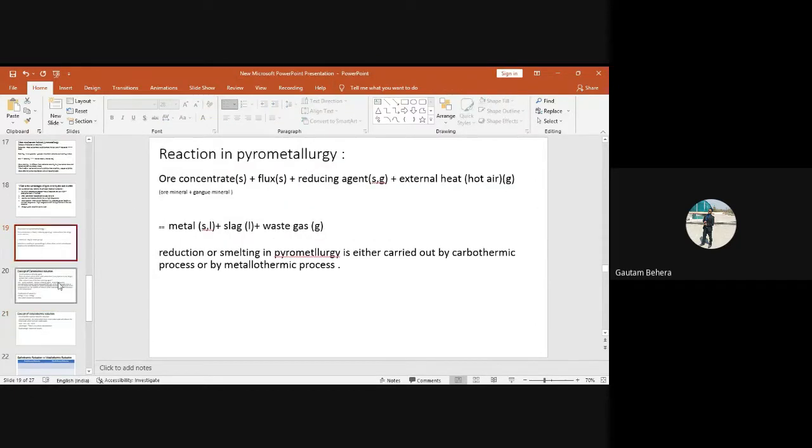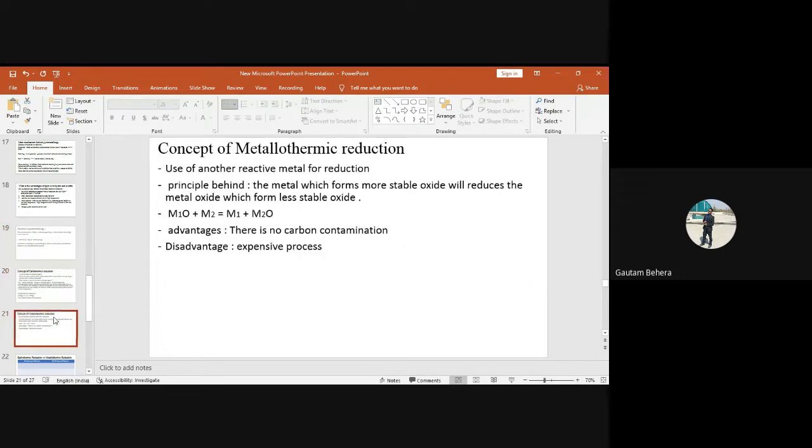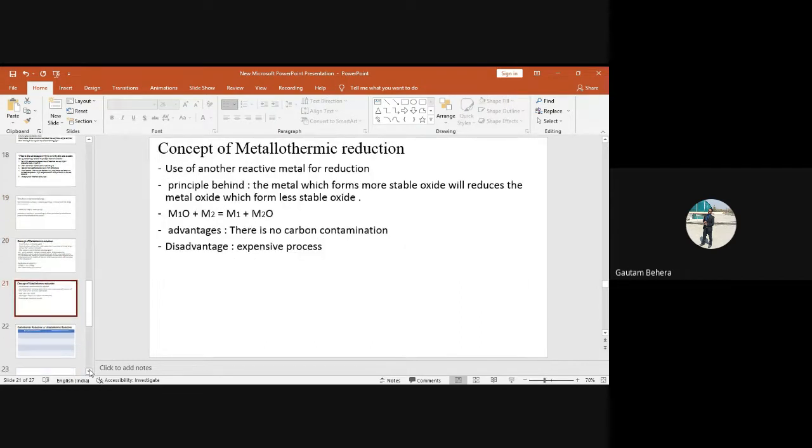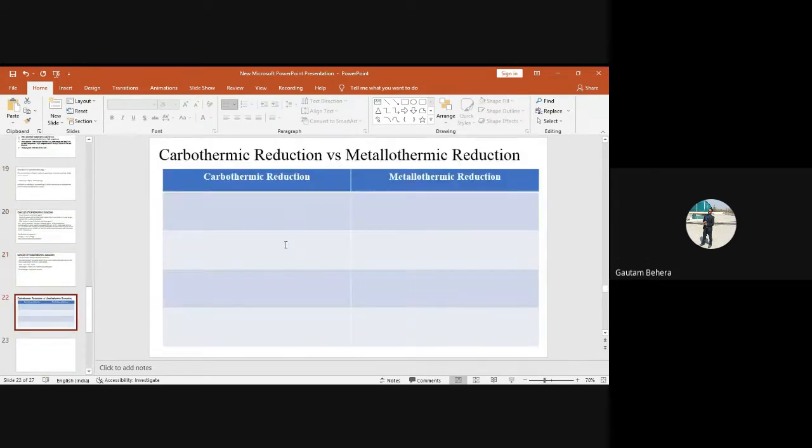I can give an example if you want. Example in both cases. I'm writing. So what is the difference between carbothermic reduction versus metallothermic reduction? In carbothermic reduction, carbon is used as a reducing agent.